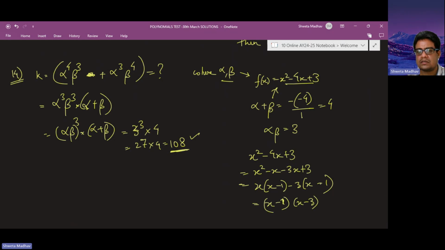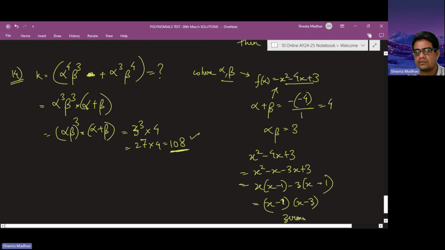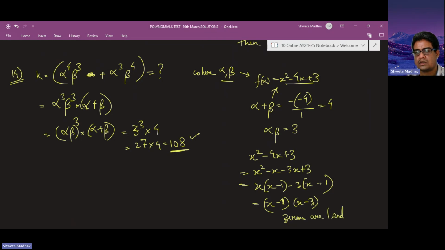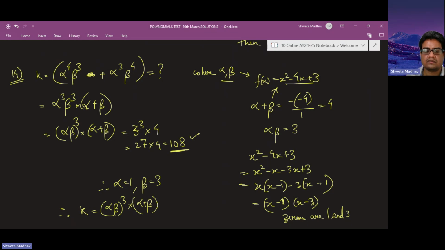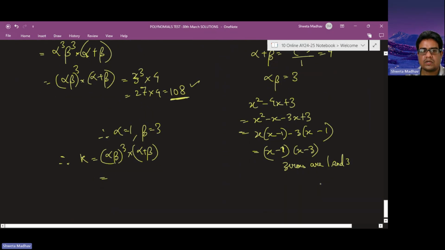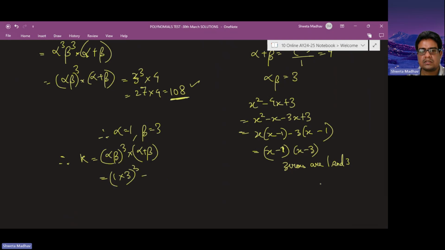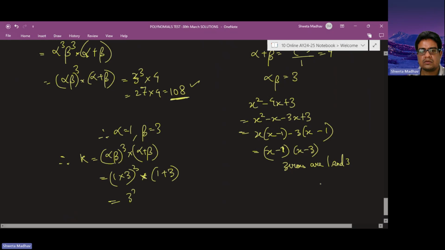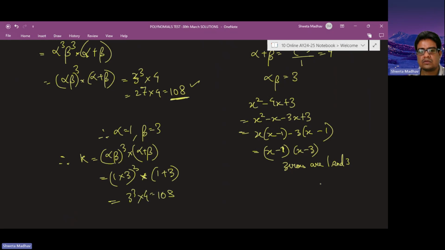So obviously the zeros are 1 and 3, and therefore we can take alpha as 1 and beta as 3. Then the required value, alpha beta whole power 3 into alpha plus beta, is 1 into 3 whole power 3 into 1 plus 3. So that is obviously 3 power 3 into 4, which also will be equal to 108. So in this way also we can solve and find the same answer.